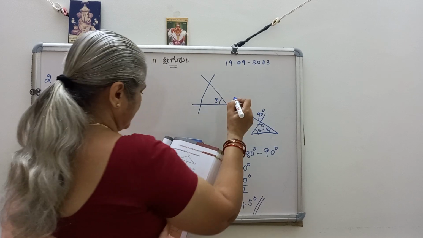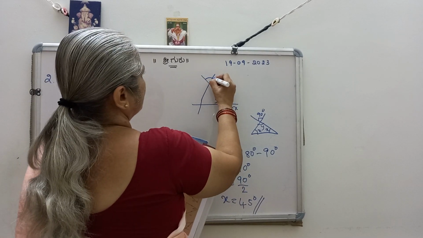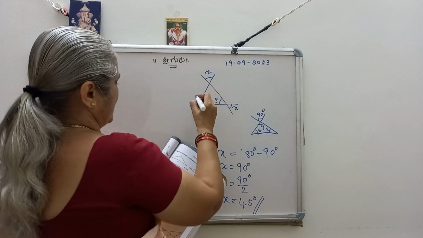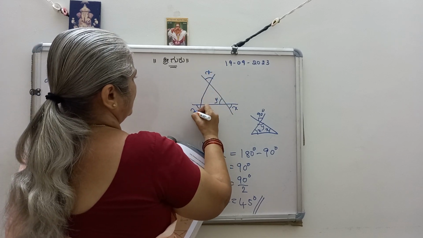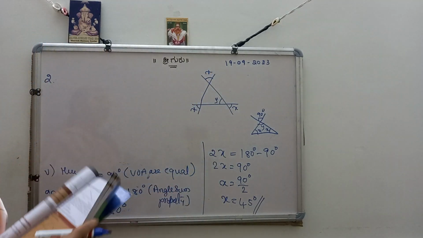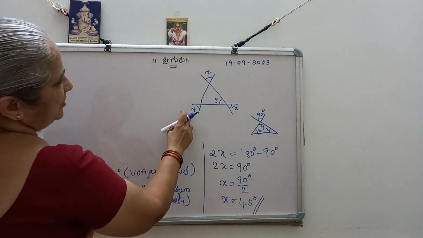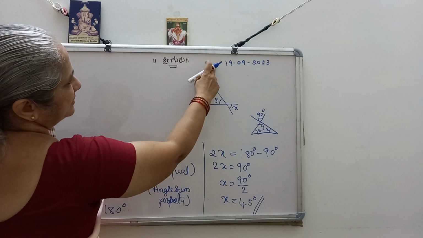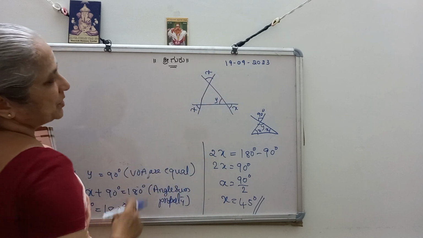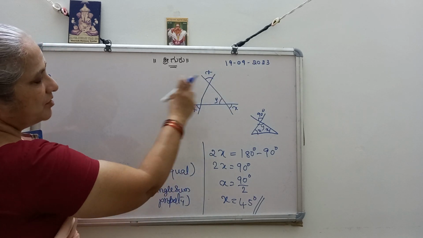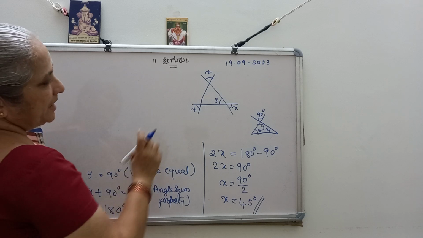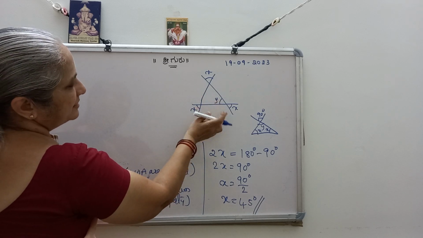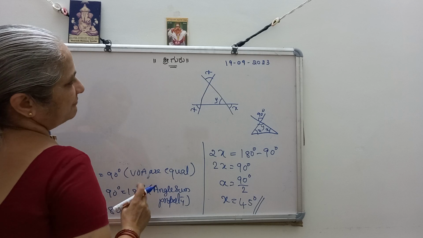All the sides are extended here. All the angles given here is equal to x, and they are outside the triangle, and inside the triangle there is angle y.